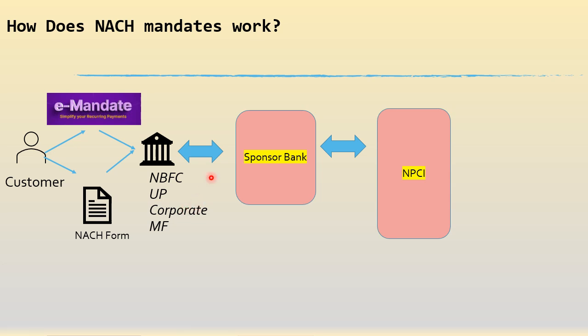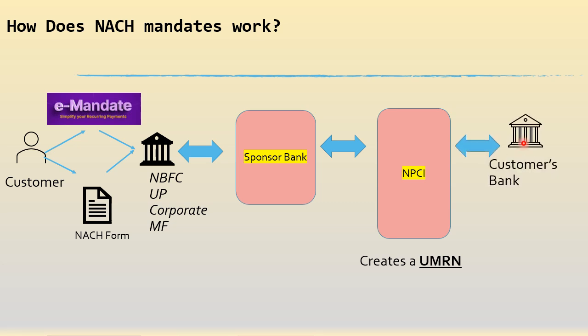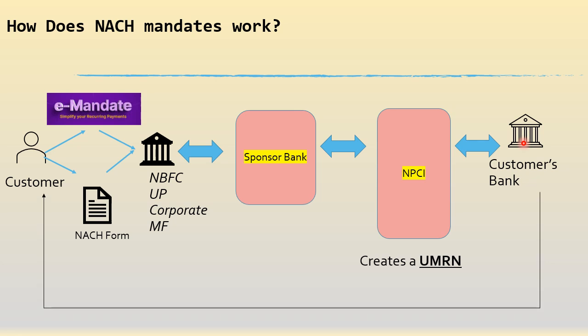So they hook up with the sponsor bank, which sends it to the NPCI. As soon as it is registered in the NPCI database, the NPCI creates a reference number, a unique mandate reference number, which uniquely identifies this mandate. NPCI then forwards it to the customer's bank. The bank verifies whether the account number is valid, and if satisfied, it sends an alert back to the customer. The customer is informed of this mandate.